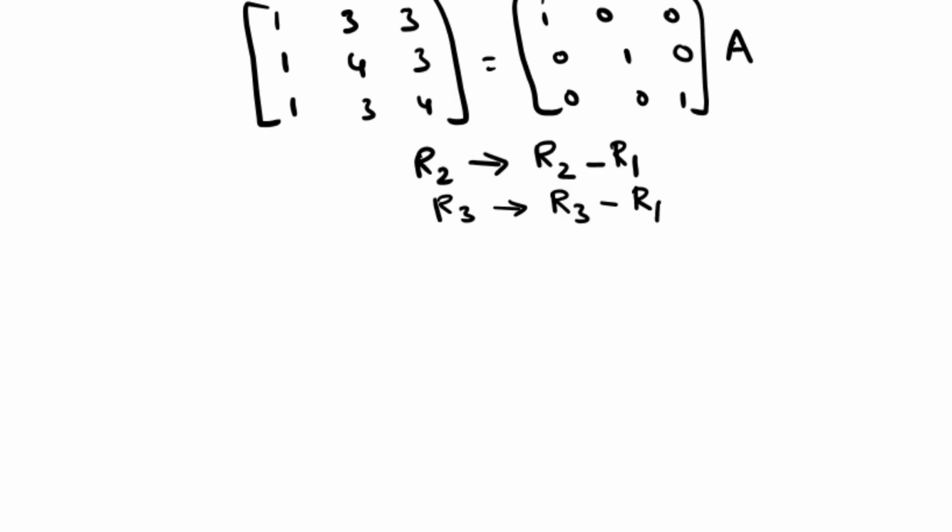Now the left side matrix A will become, row 1 will be as it is, 1, 3, 3. Here is 0 because 1 minus 1 is 0, and R2 minus R1, 4 minus 3 is 1, and 3 minus 3 is 0. Similarly, the third row will be 0, 0 and 1.